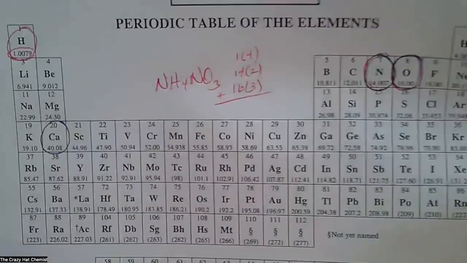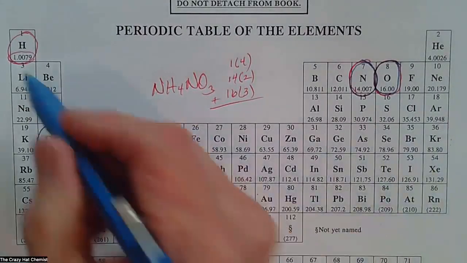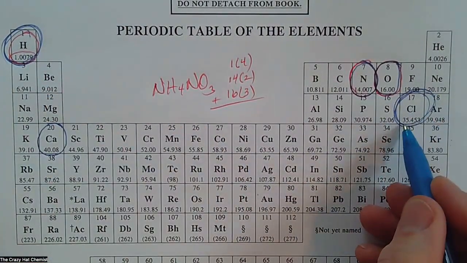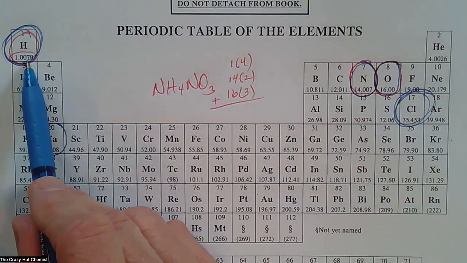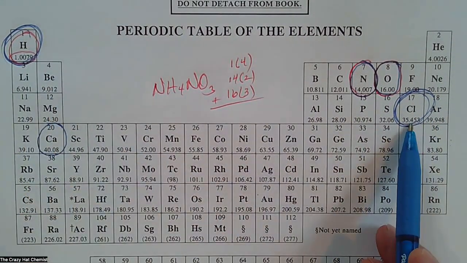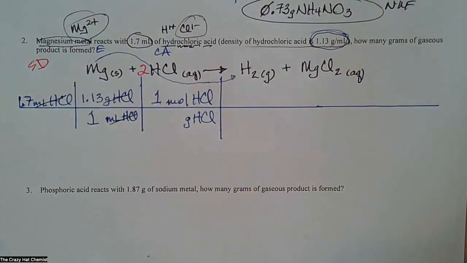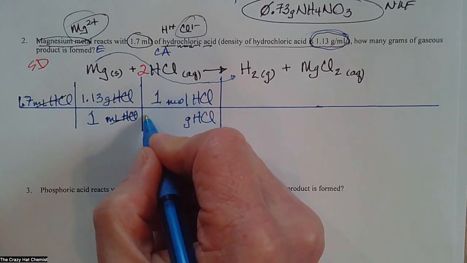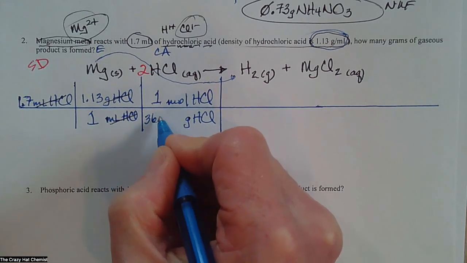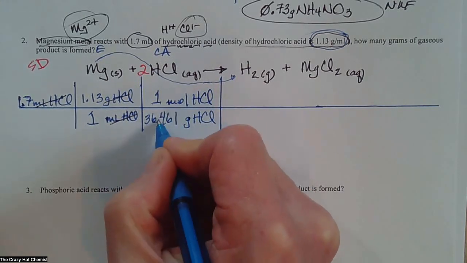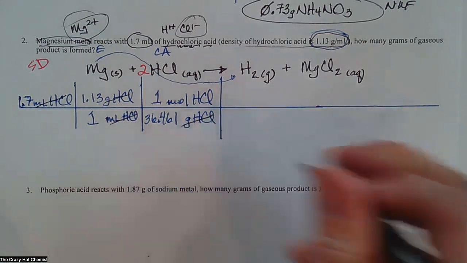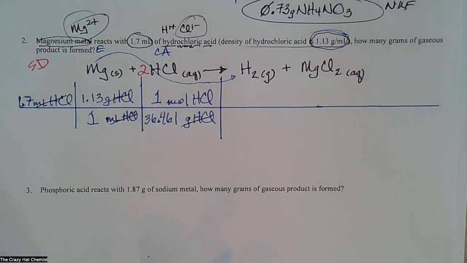Hydrochloric acid is hydrogen, that's 1.0079, and chlorine, that's 35.453. Hydrogen has 4 decimals. Chlorine has 3 decimals. So the fewest number of decimals is 3, and the final rounded answer with 1 hydrogen and 1 chlorine is going to be 36.461, again to 3 decimal places. That enables me to cancel out the grams of HCl.